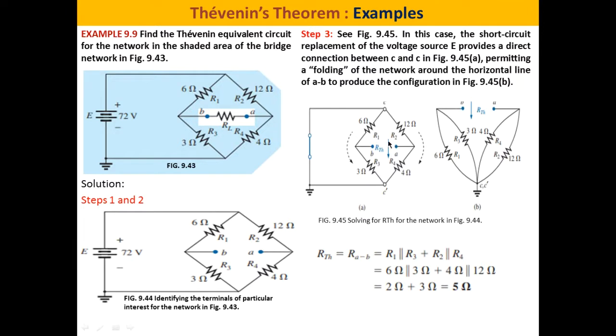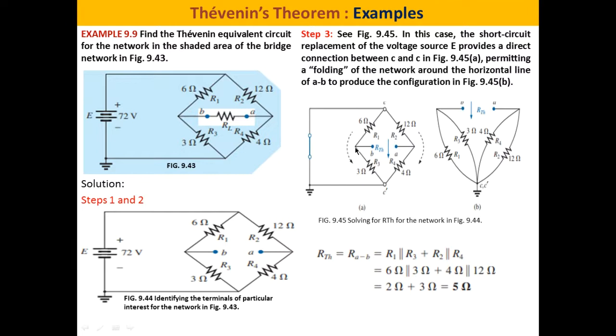Okay, and now we have to see from AB what is the resultant resistance. As you can see, gentlemen, here you have to see the circuit in a different way. You can see that R1 and R3 are in parallel.